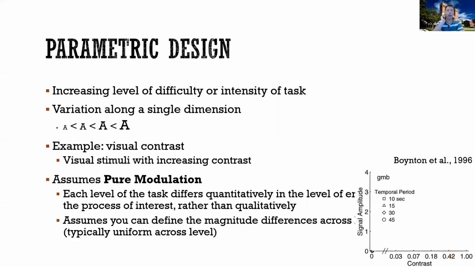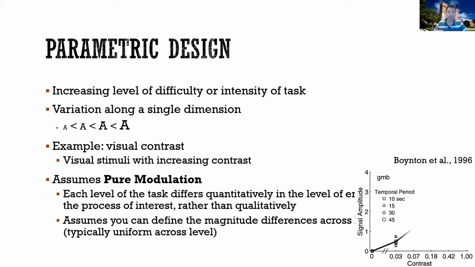So Boynton and colleagues in '96 did exactly this. They used visual contrast, and it was a simple checkerboard type pattern. What they did is that they just changed the strength of the contrast of the checkerboard. What you're seeing down here is, on the x-axis, the strength of the contrast, and on the y-axis, the strength of the BOLD response.